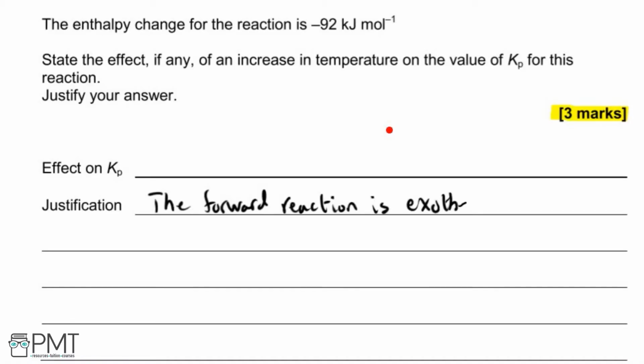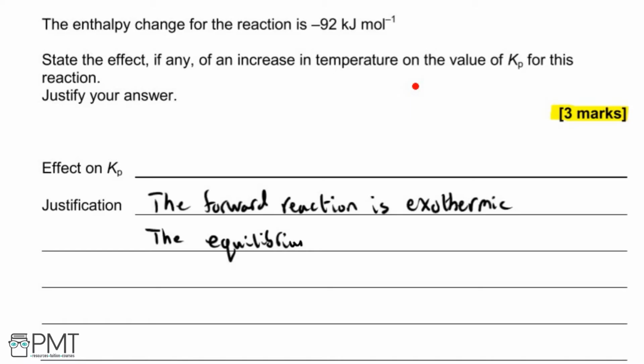As it is a negative enthalpy value for this reaction, that means that the reaction is losing energy, so it is an exothermic reaction. Now that we've determined the type of reaction, we can begin to talk about what effect the change in temperature will have on that type of reaction. And we want to be talking about this in terms of the equilibrium. So in this case, we would find that the equilibrium is going to move left.